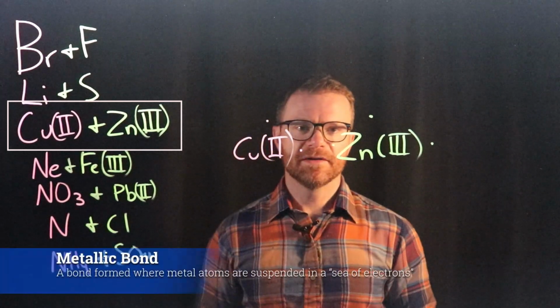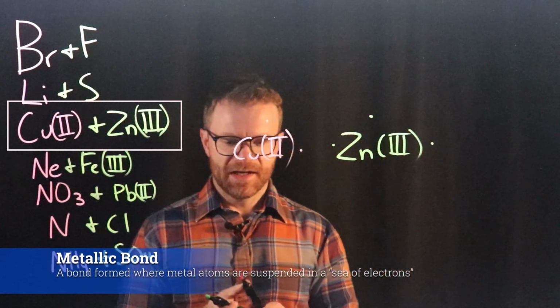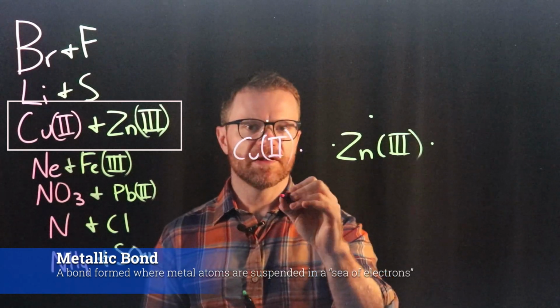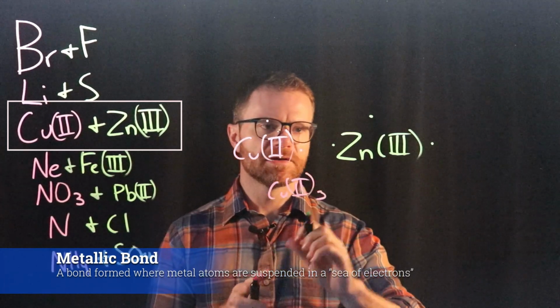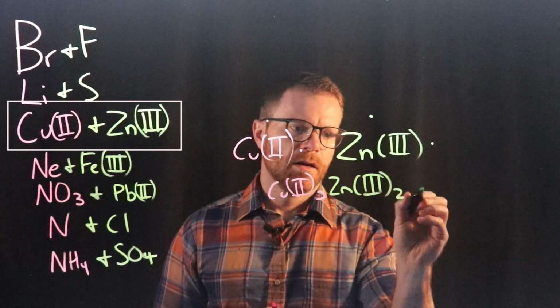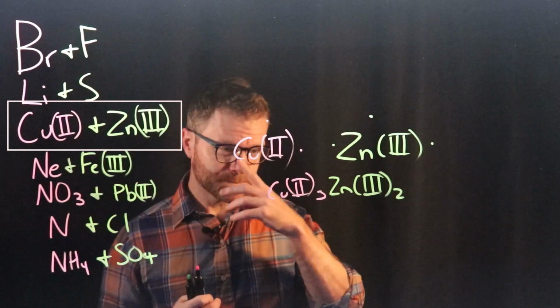That's a metallic bond. So if we wanted to kind of balance these charges, we could say that copper's +2, zinc's +3. So it's going to be something like Cu, we're going to need 3 of those, and we're going to need 2 of these. But in reality, that's not really how these metallic compounds work.